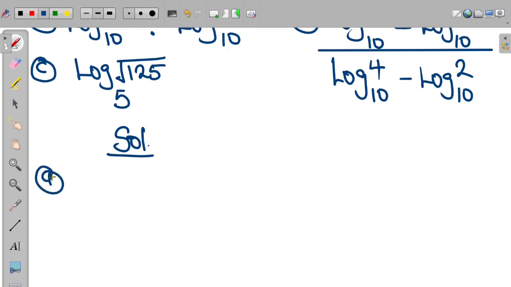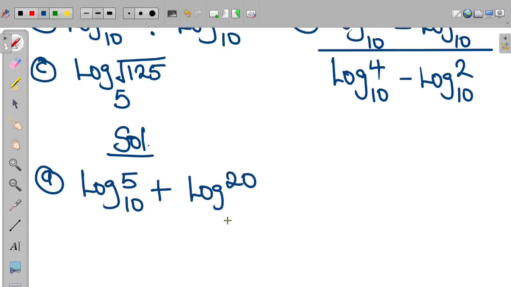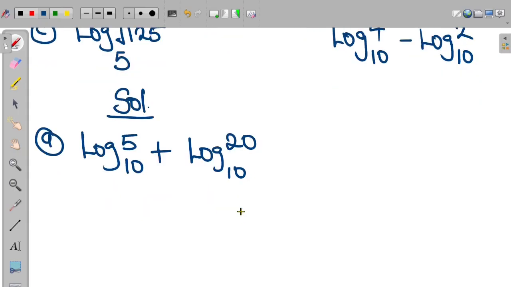Question A states that we should simplify log of 5 to base 10 plus log 20 to base 10. Now, if you have not watched our previous video on the laws of logarithm, I will encourage you to watch the video so that you master what we are doing in this video.